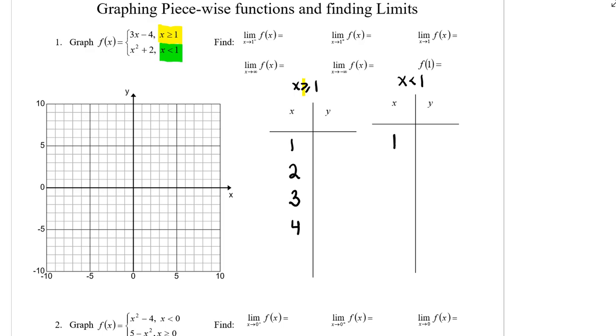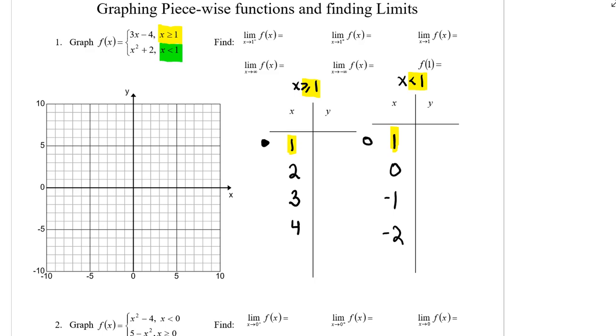Notice, regardless whether this says greater than or equal to or less than or equal to, I'm going to include a 1 in both tables. The difference is for the greater than or equal to, I'm going to use a filled in circle in my graph, whereas for the strictly less than, I'm going to use the open circle.